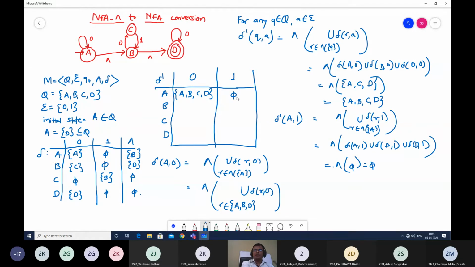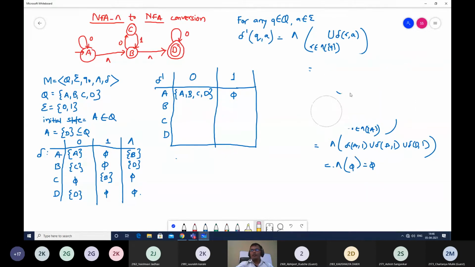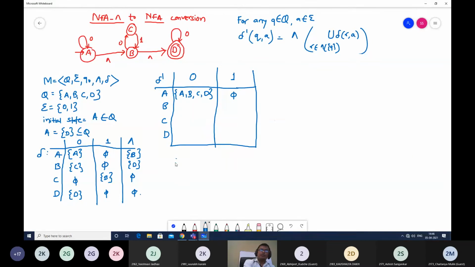Are you getting this? I'll erase this part. Next we will be calculating delta dash of B comma 0.